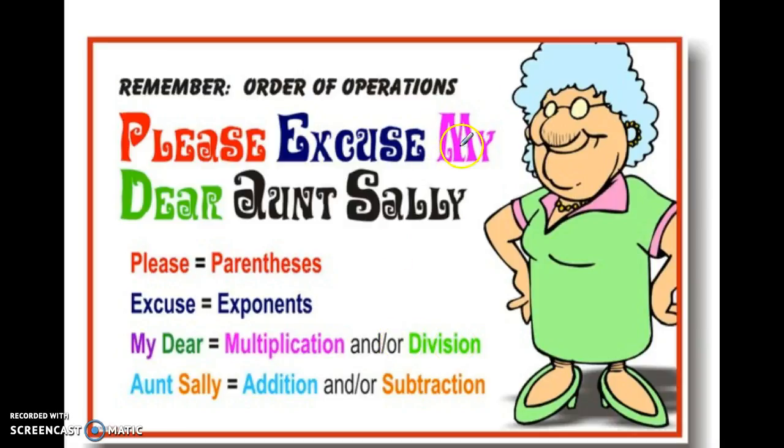Okay, so my is multiplication, D is division, and then we have Aunt Sally. A stands for addition and or subtraction. And again, these could be switched. You could do subtraction and then addition. But the idea is you can't do multiplication and division after addition or subtraction. Addition and subtraction have to come last.